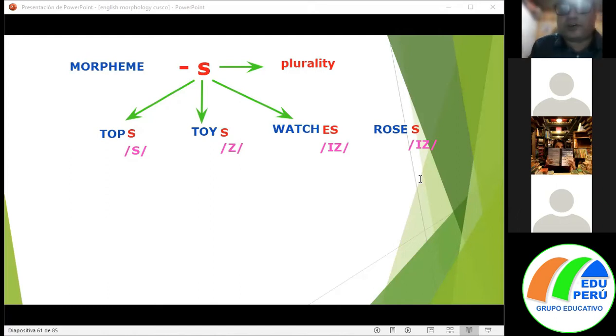But notice the example of rose. Rose, you don't pronounce the letter E. But when you make the plural, you pronounce the letter E. Roses. So notice the different forms. Each of these, notice, each of these is a morph.